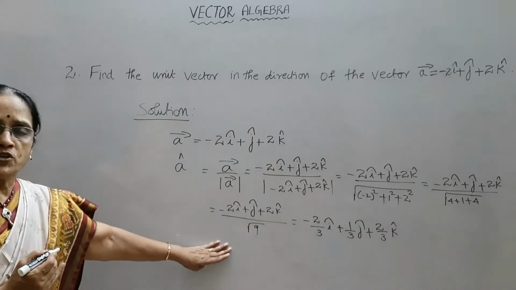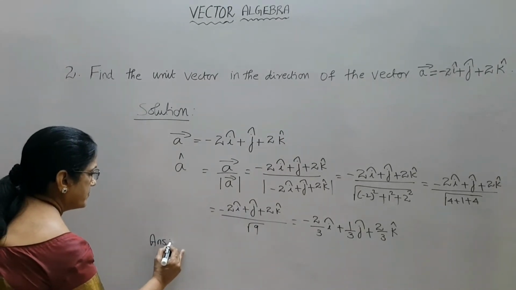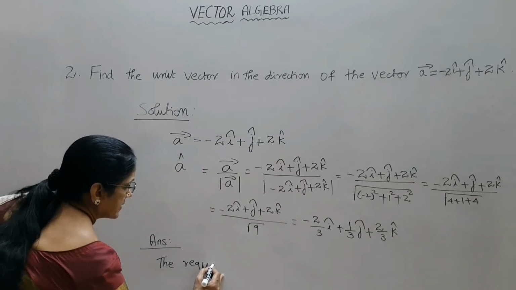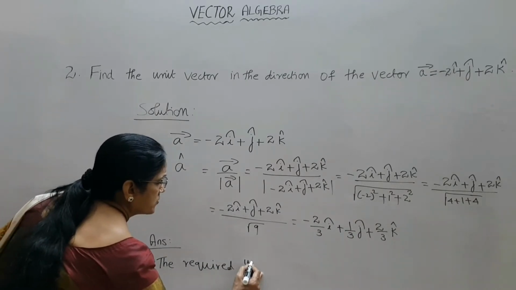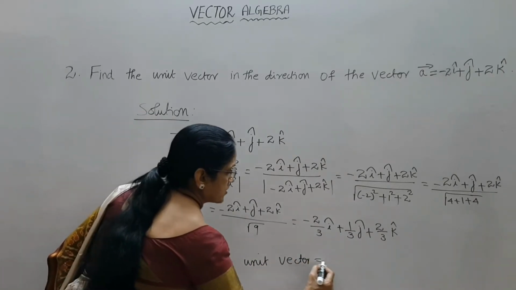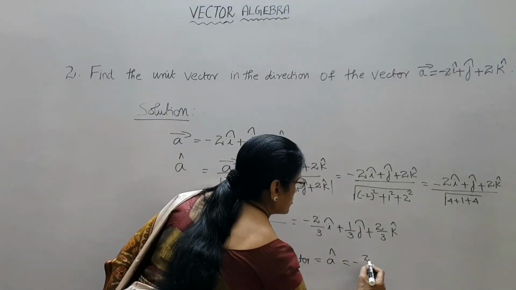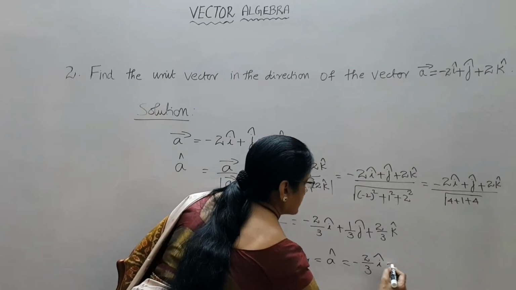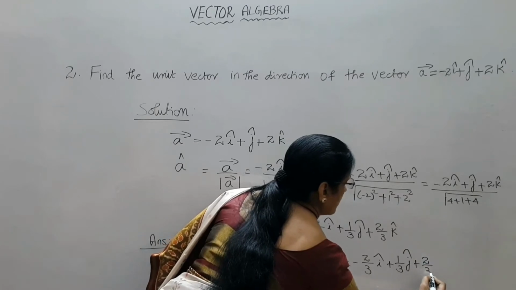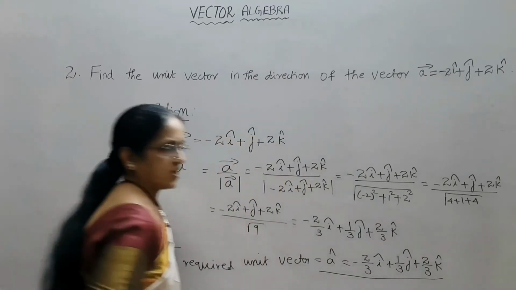So finally, you need to conclude your answer as: answer, the required unit vector, which is equal to A cap is given by minus 2 by 3 i cap plus 1 by 3 j cap plus 2 by 3 k cap. So this will be your final answer.